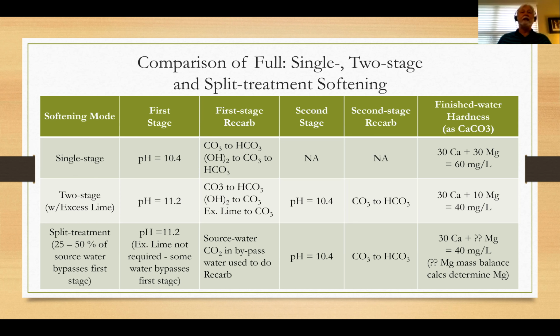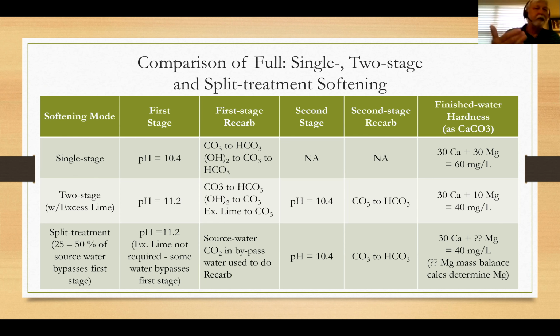Now, 2-stage is kind of nice in that I can add excess lime. And I call it excess lime because I add typically about 1.25 milliequivalent per liter of excess lime. I'm using that excess lime to raise the pH to 11.2. And that's great for precipitating magnesium as magnesium hydroxide.